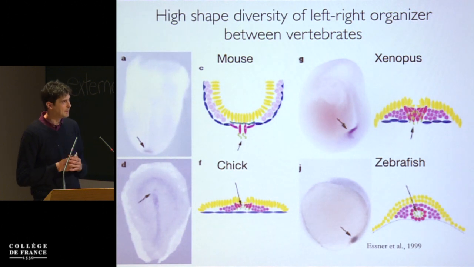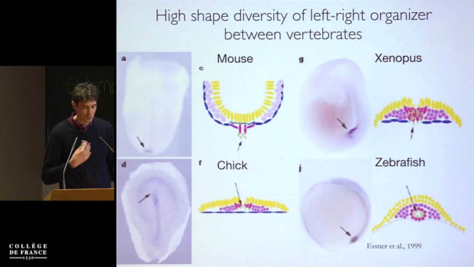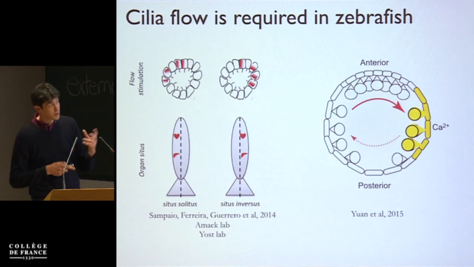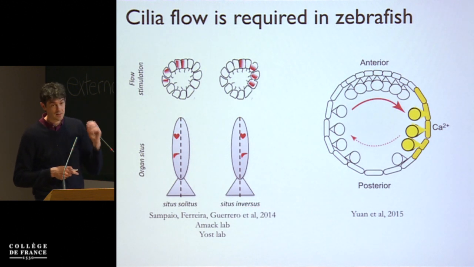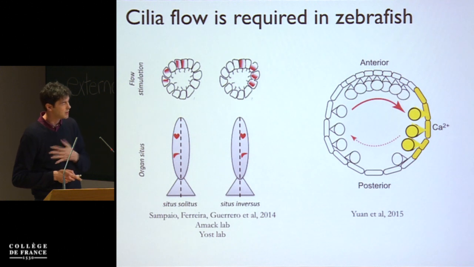And we thought that, well, we should check out a bit more carefully what happens in the fish. The reason for this is that it's a cavity which is closed, and we weren't sure how the forces were distributed in this organ. Now, we know from the literature, again, that cilia motility is essential for left-right symmetry breaking. It's true in mouse, but also true in fish.